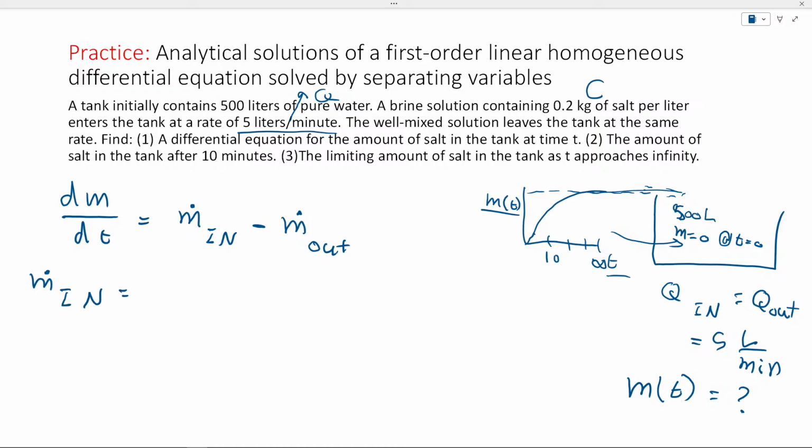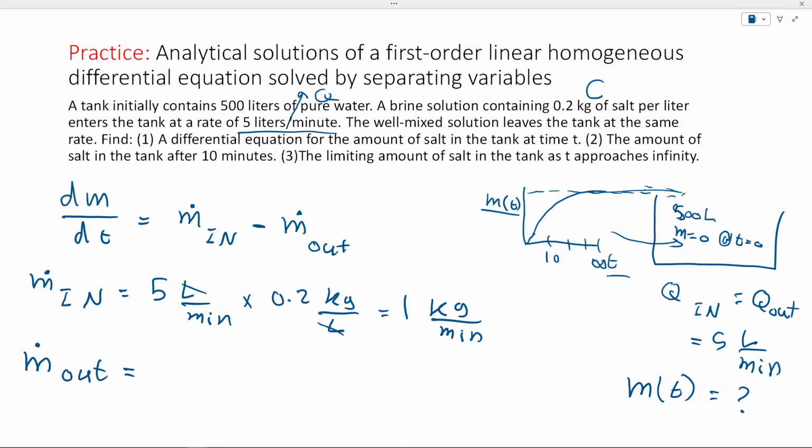So the mass in is 5 liter per minute, and each liter has 0.2 kilogram per liter. So liter will cancel with liter, and I will get 1 kilogram per minute. That is the m in. What is the m out?